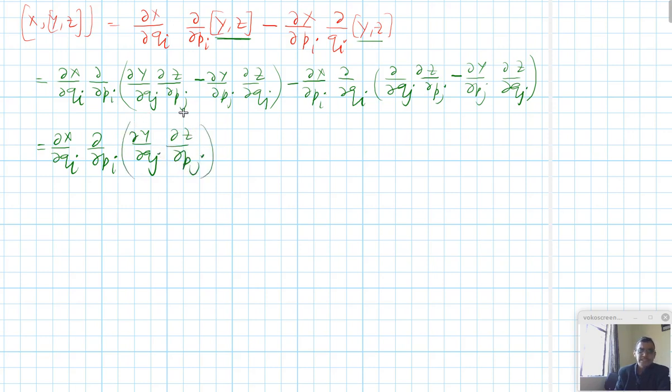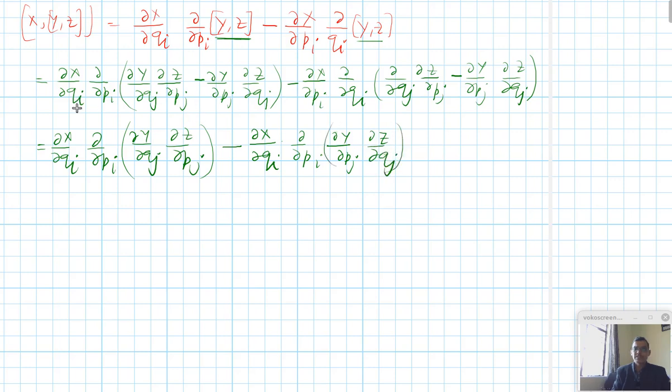Its derivative, minus ∂X/∂qi, then ∂/∂pi, and then this part ∂Y/∂pj, ∂Z/∂qj.